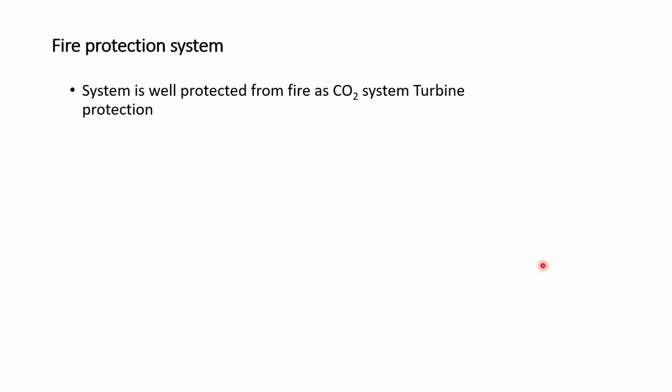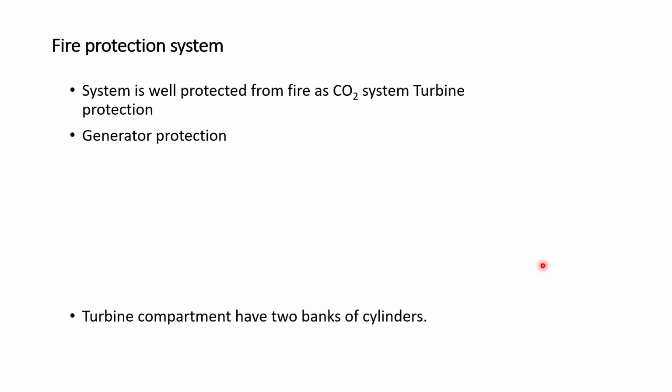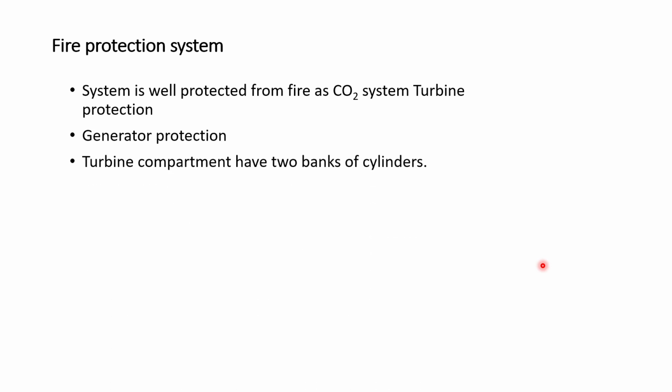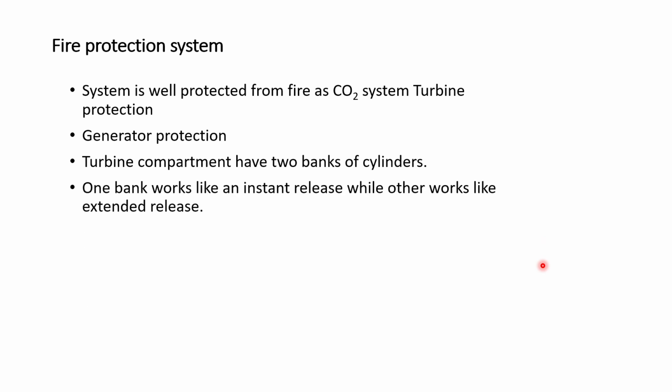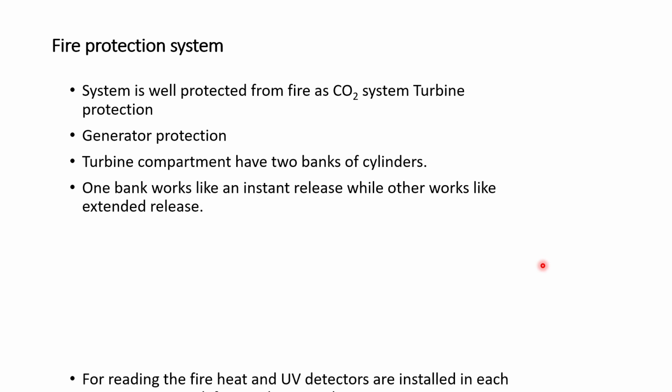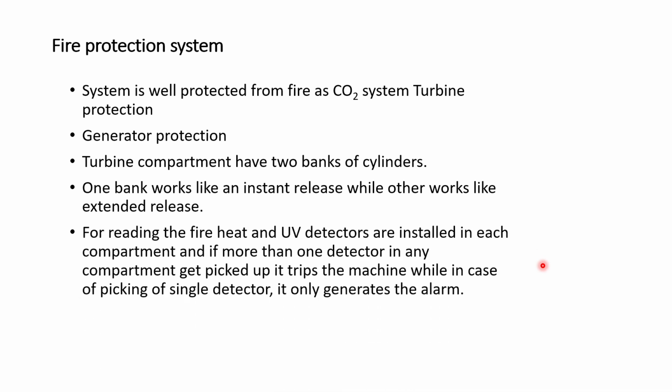So the system is well protected from fire by the CO2 system, turbine protection, and generator protection. The turbine compartment has 2 banks of cylinders. One bank gives an instant release while the other gives an extended release. UV detectors are there for this purpose.